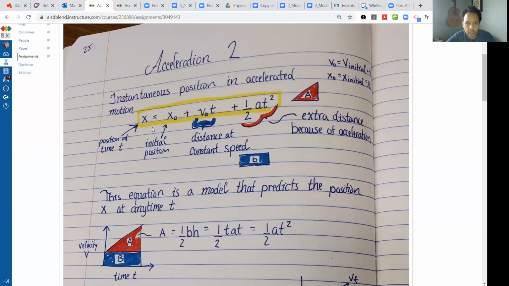So this equation will tell you the position of an object that's accelerating, right, at any time. So you take the initial position, and then this is our equation from the speed, right? Velocity is distance divided by time, or you can say position is equal to velocity times time.